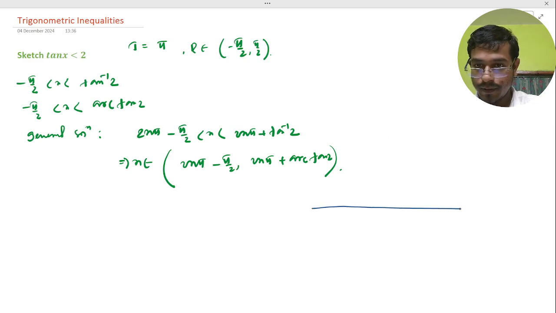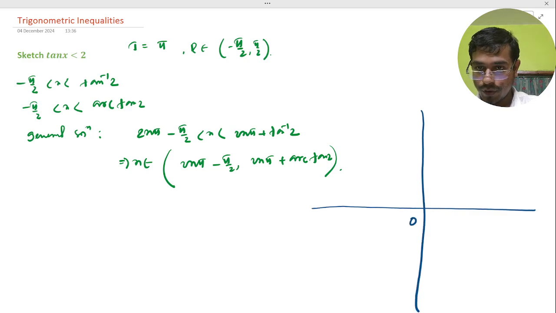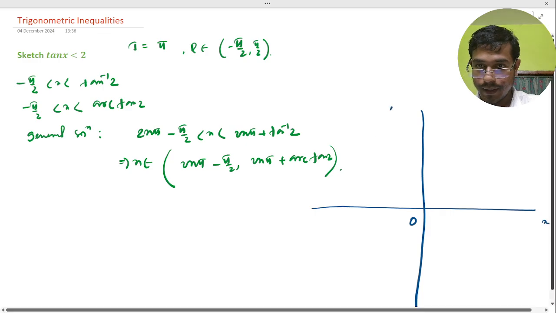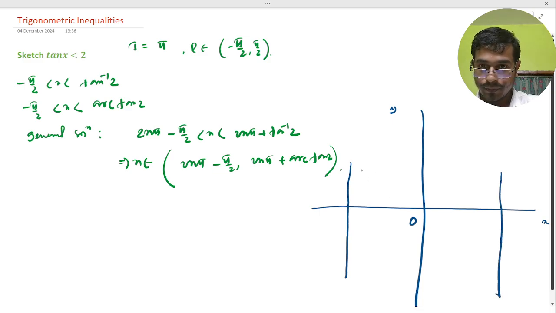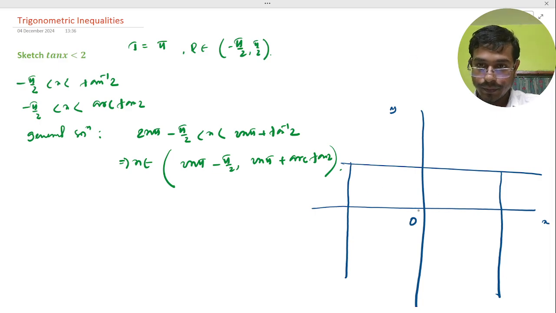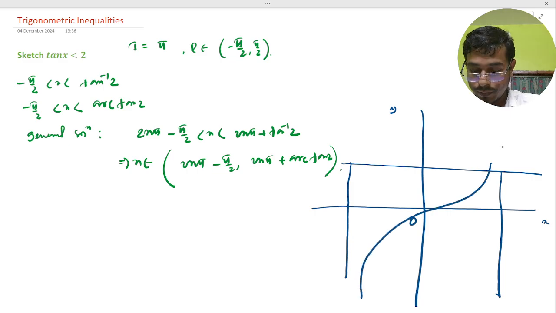This is the origin and x and y, and basically the sections are like that. We know the value of tan x, the graph of tan x would look like that. This one is y equal to tan x, with range pi by 2 and minus pi by 2.